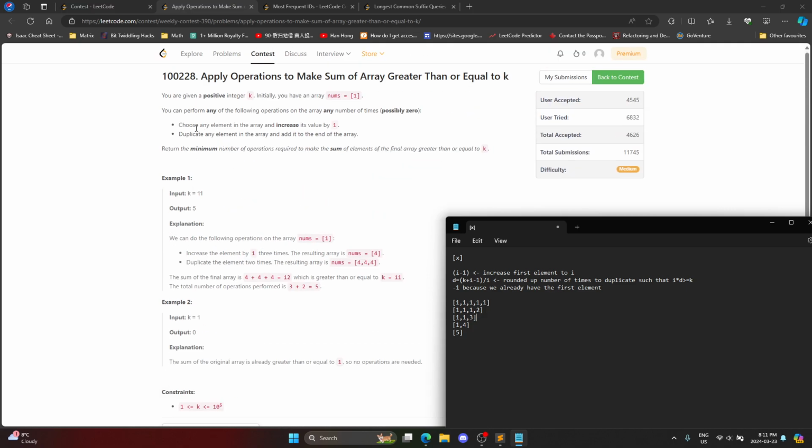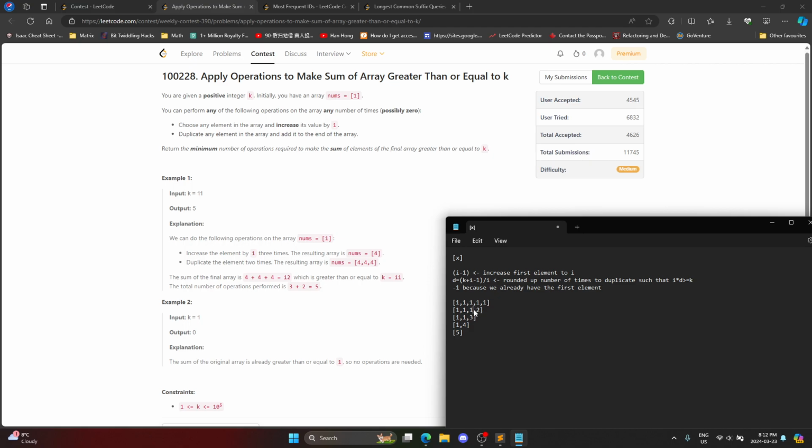The idea for the proof is that you want to duplicate the maximum elements. All of these operations you do, you get the same sum. But the biggest element happens when you just increase the first one.